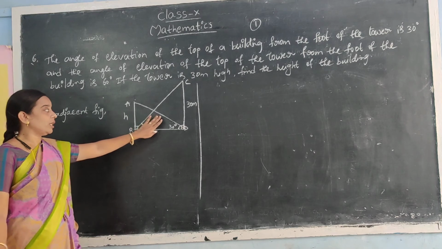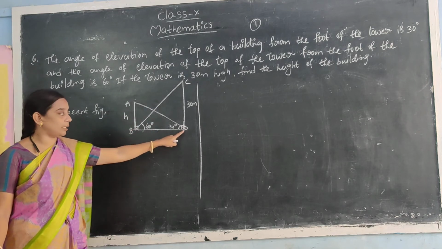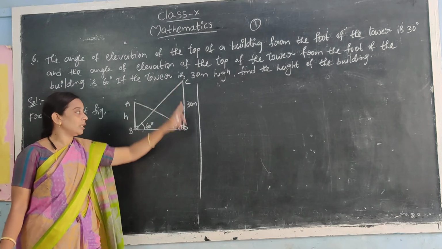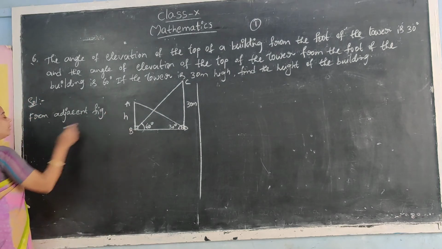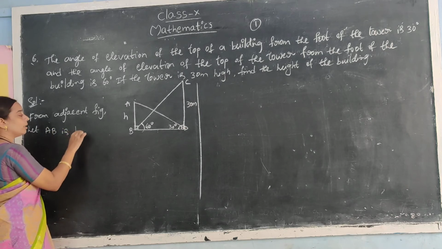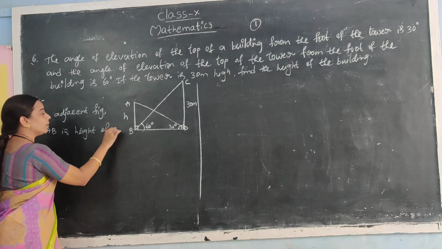In this figure two right angle triangles are there. What are those? ABD, and another triangle is CDB. Two right angle triangles. From this figure, let AB be the height of the building.